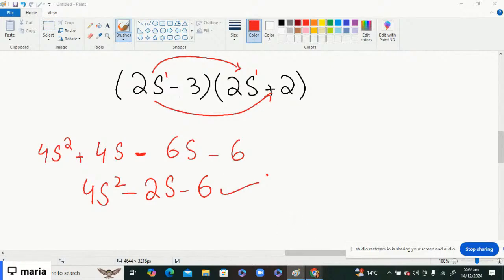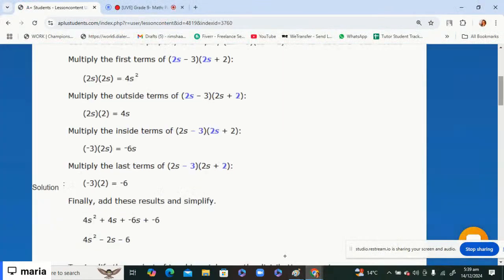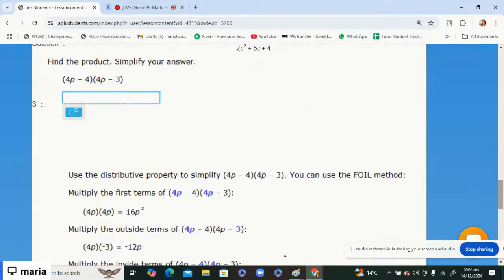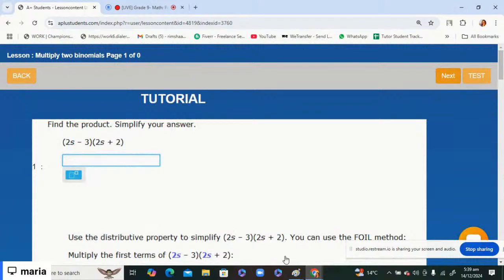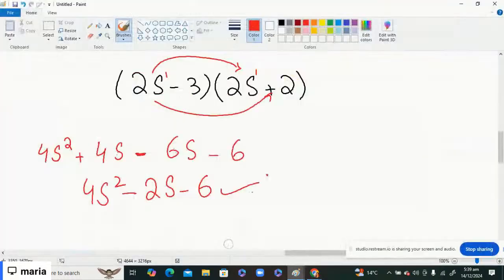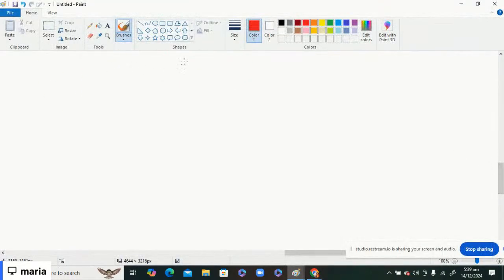Okay, let's do one more question from here. Let's do the test questions. 2b plus 2, 4b plus 2. Okay, now let's solve together.